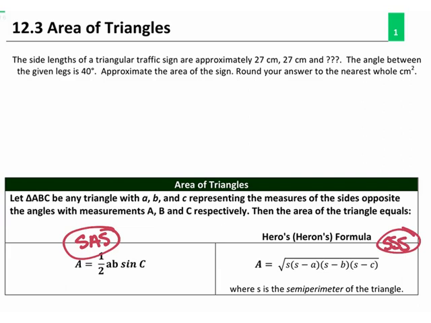S in this other one stands for the semi-perimeter. Semi-perimeter is all the sides added together, so all the sides added and divided by 2.